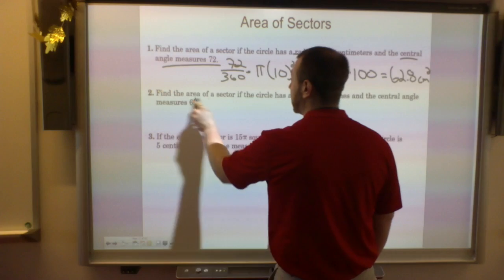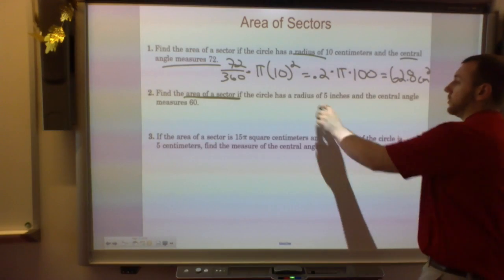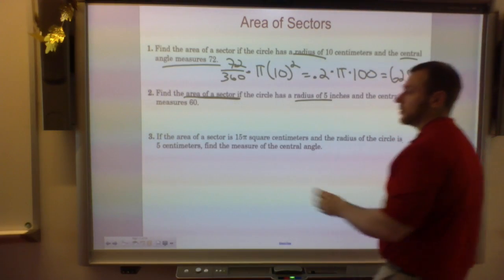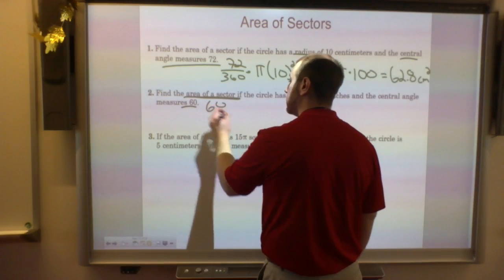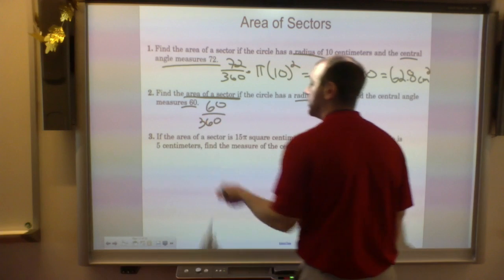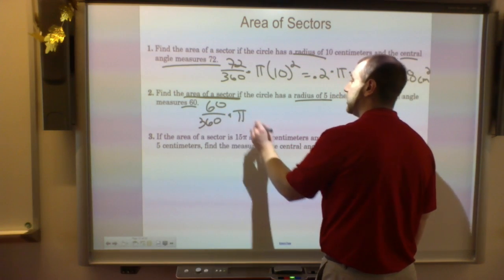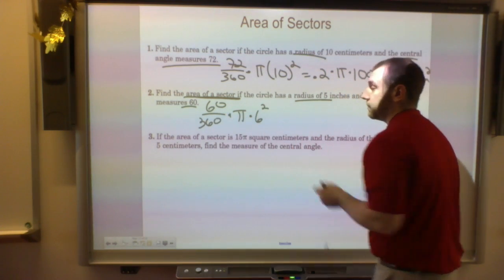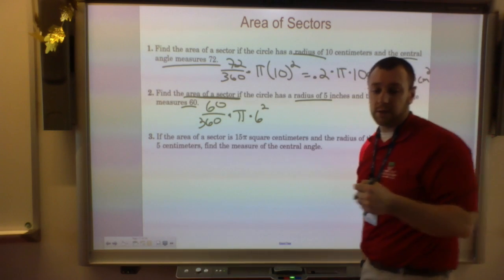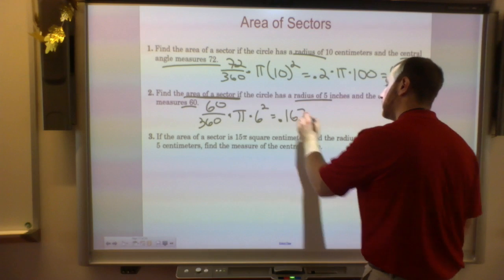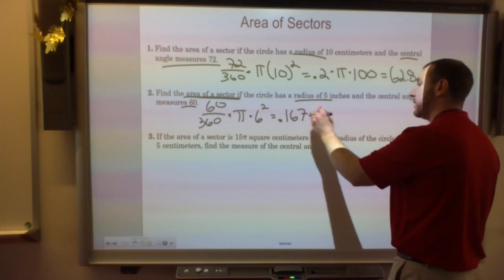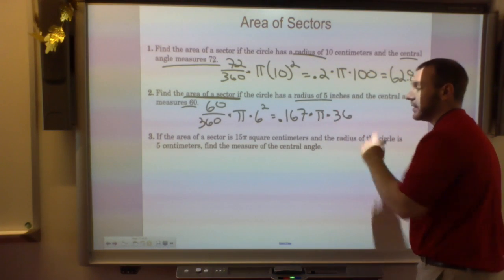Number 2 says find the area of the sector if the circle has a radius of 5 inches and a central angle of 60. So again, angle over 360 times pi times 6 squared. I do the division. I come up with 1.67 times pi times 36.